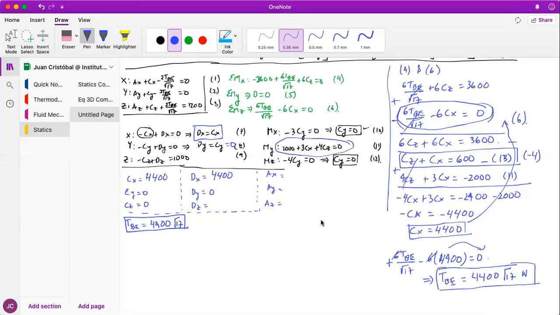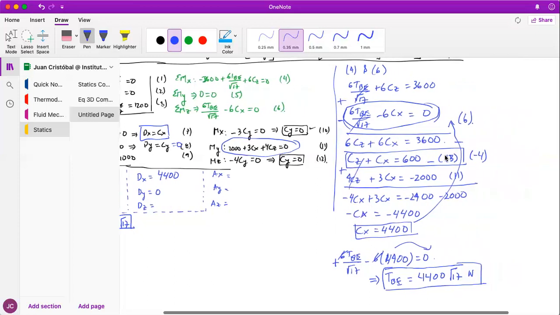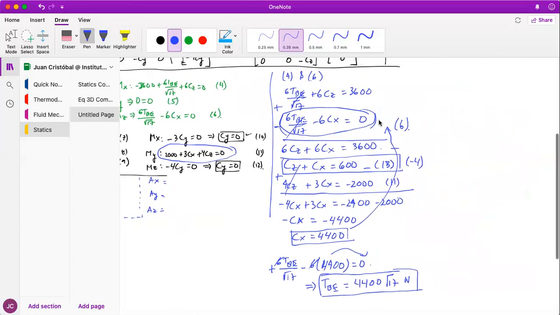Fine, what else? Okay, so what about DC? Do I know DC from here? I have CC. Well, actually I can get CC. So let's just get CC from here. Since I already have CX, I can go back to this place, which is 4, and it says 6TBE, I already had that one, square root of 17 plus 6CC equals to 300, right?